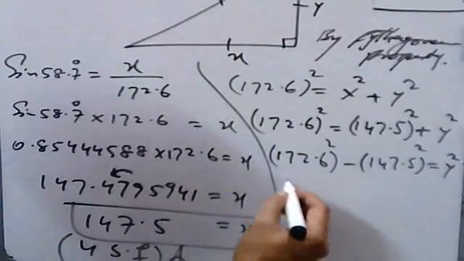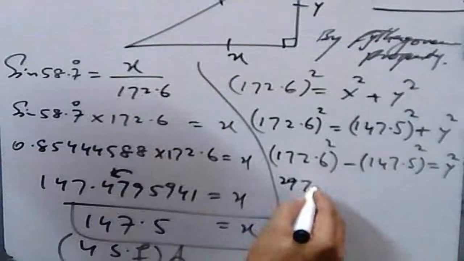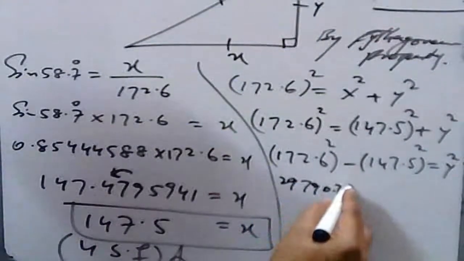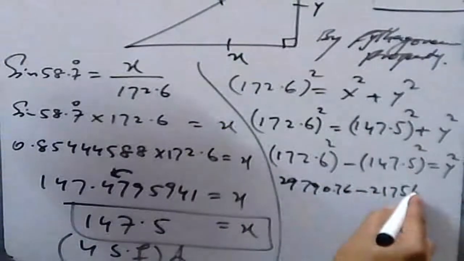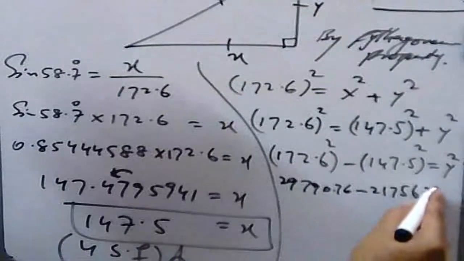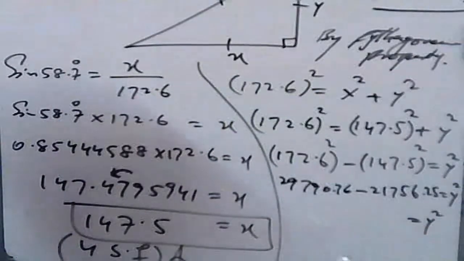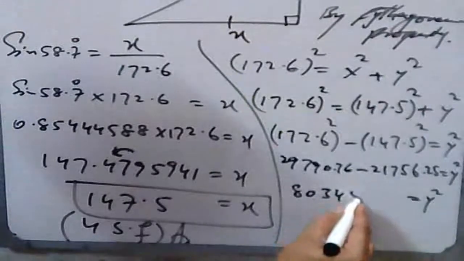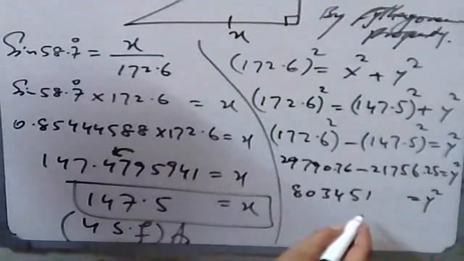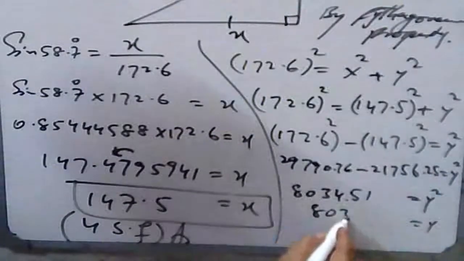So after taking the square and simplification, by using calculator, you will get 29790.76 minus 21756.25 is equal to y square. So the value of y square is, after subtraction you will get 8034.1.